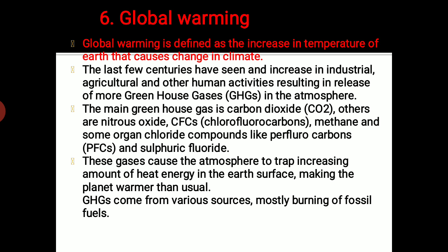In the last few centuries we have seen the increase in the industrial. Why does this happen? How does the temperature increase? There is increase in industry, agriculture and other human activities, because of which we release greenhouse gases, which are called GHGs, in the atmosphere, right?